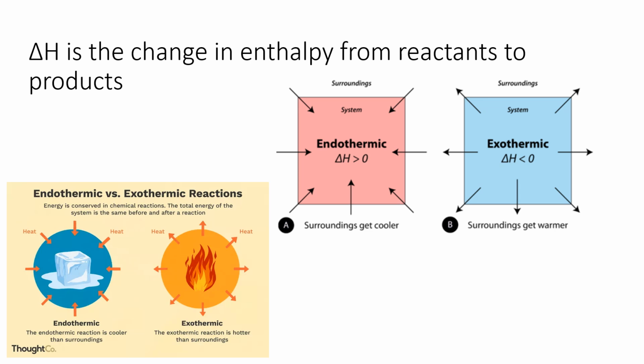So here we can see that delta H is a change in enthalpy from reactants to products. So we stated every single chemical reaction is going to involve a release or an absorption of energy in some form or fashion. So when we break chemical bonds, we need to put energy in for that to happen. So when we have energy going into a system, we are going to call that endothermic.